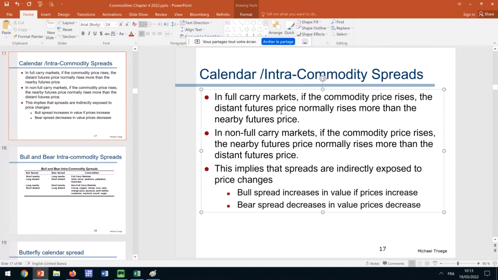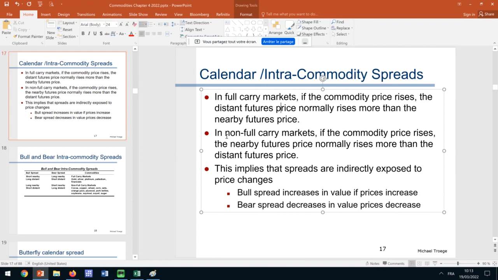So if you have an increase, it also comes with a change in the slope. In a full carry market, the futures price is simply linked to the spot price by the interest rate, and it's obvious that if you increase the price, then the futures price will move more because you get interest on a higher value.